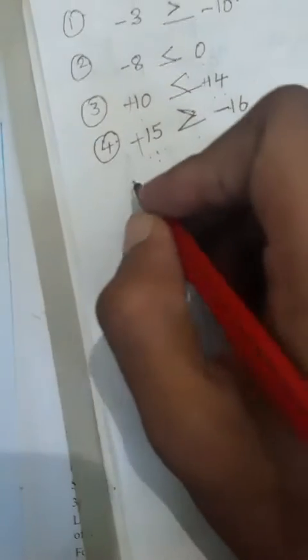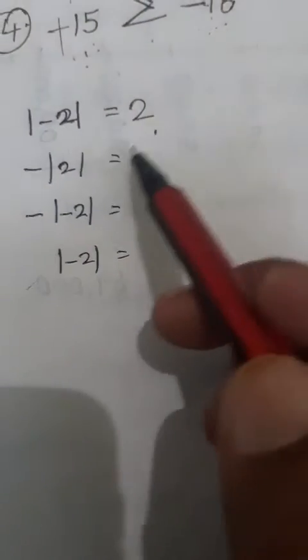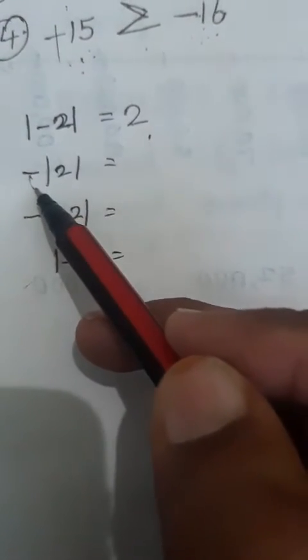For example, minus 2. If I take absolute value for this minus 2, I will get 2. See the second one. This minus is outside.